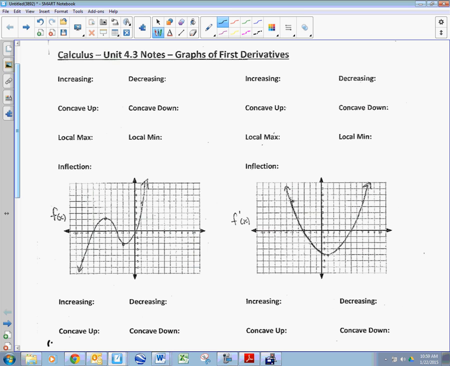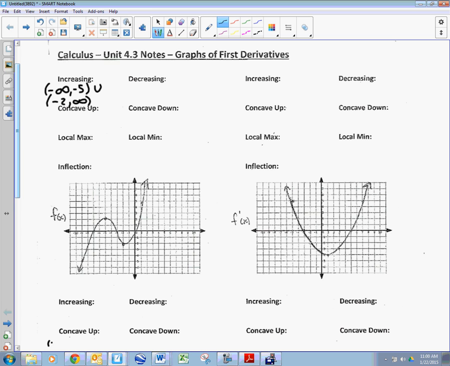So here I give you f. For the others, I give you f prime. Now, when you look at this graph right here, it's pretty easy to see the intervals of increasing. Where is it increasing? From negative infinity to negative 5, and then union with what? Negative 2 to infinity.